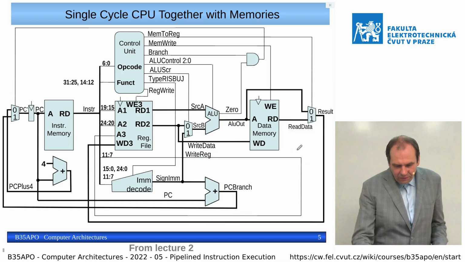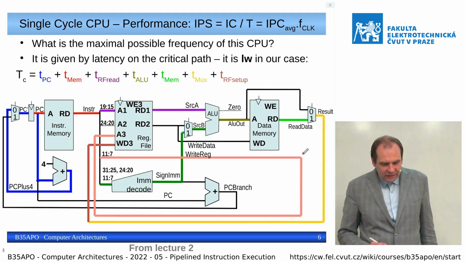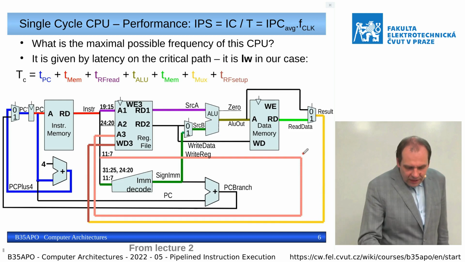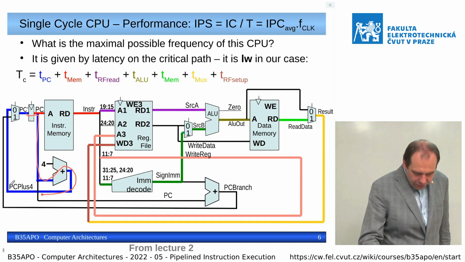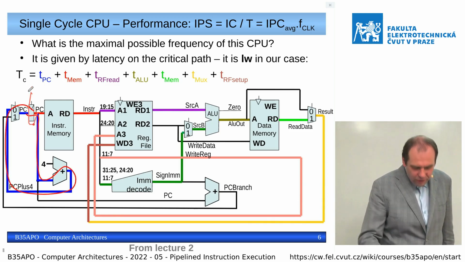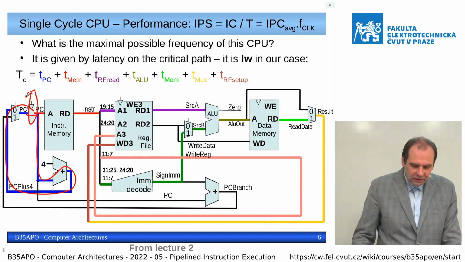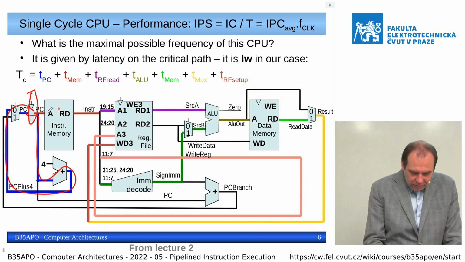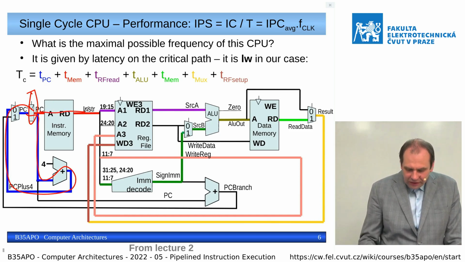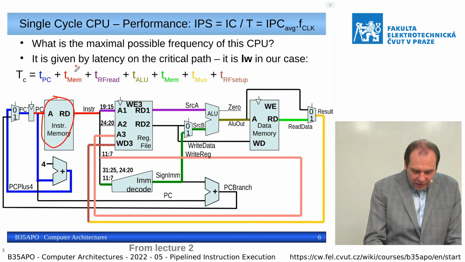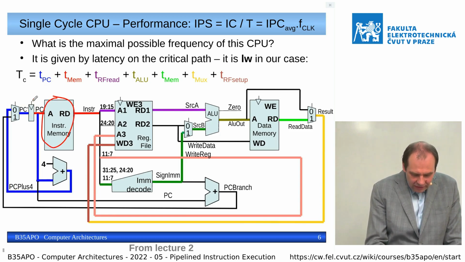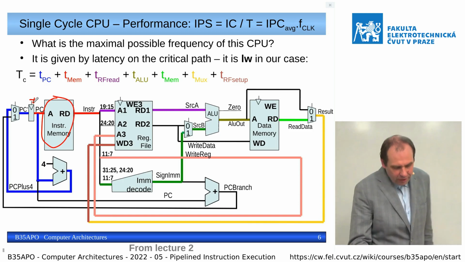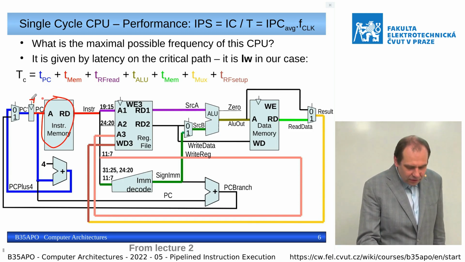And if we look at this design, then we see that there is a problem, because at the next clock cycle we add 4 to the address and store the new value to the program counter register, so we need to wait until the whole combinatorial logic stabilizes on the final result. So basically we need to wait until the program counter is set, and there has to be some delay after the program counter is set, because it is not immediately provided on the output of the program counter register.